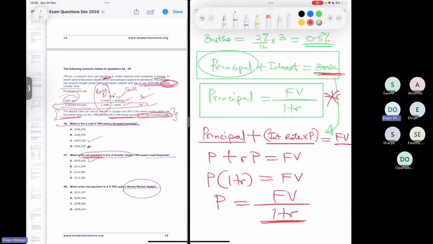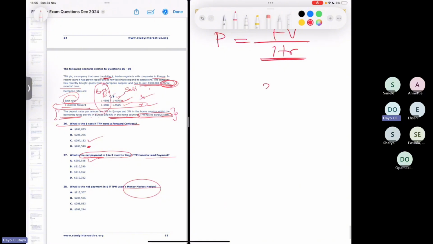For any of you that like mathematics, like I say, I don't like people memorizing anything. You need to know where formulas come from. So which means if I need 300,000 in future and the investment rate is 0.5%, then I need to invest 300,000 divided by 1.005.